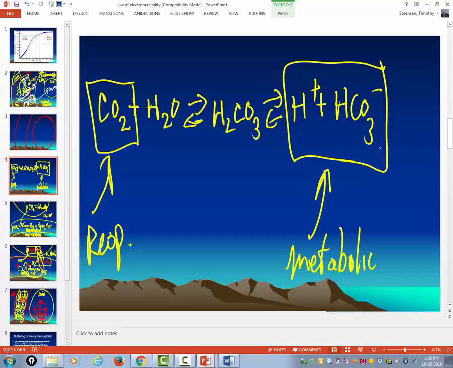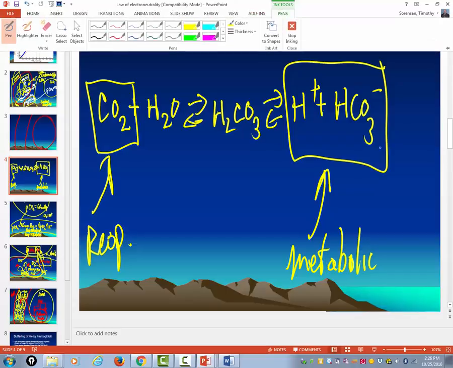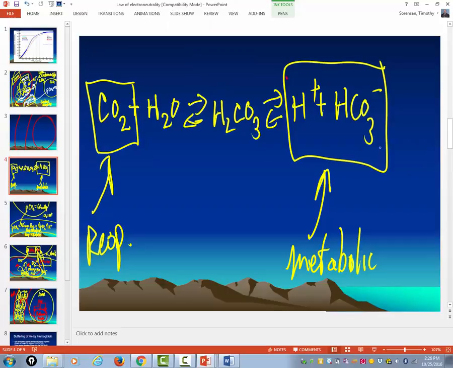So, if the cells of the body, through metabolism, are making more hydrogen ions than normal, in the case of DKA, it's going to force the equation this way, right? So the respiratory system is going to try to compensate for this metabolic acidosis.